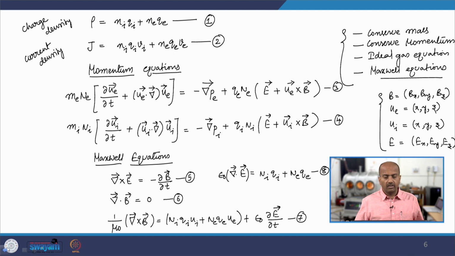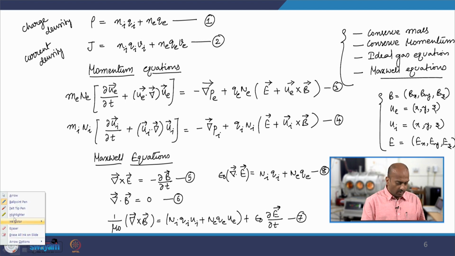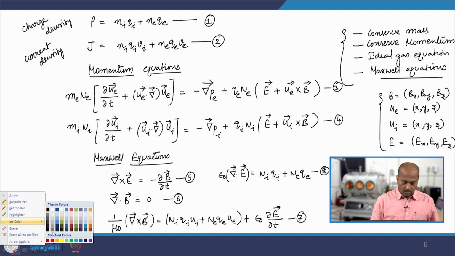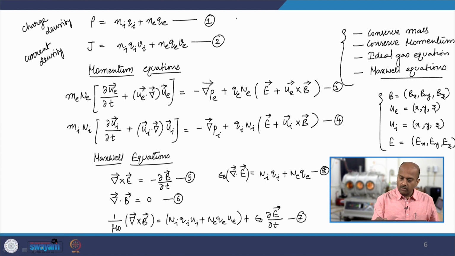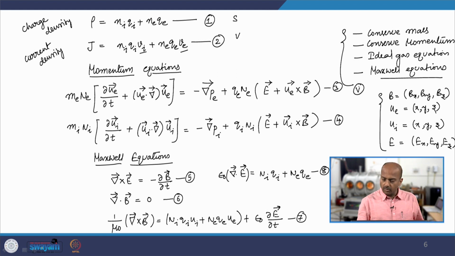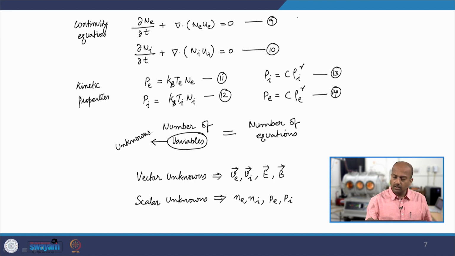Equation 1 is a scalar equation. Let us write it here, it will be easier. This is a scalar equation. Since the velocity is there, this is a vector equation, and this is a vector equation. These are basically vector equations, and here velocity is there. These are also vector equations. These are scalar equations.